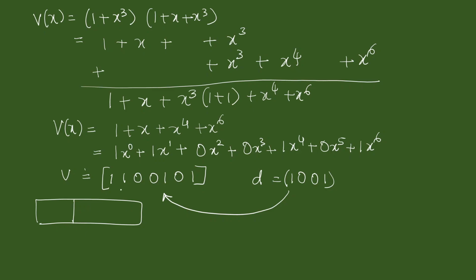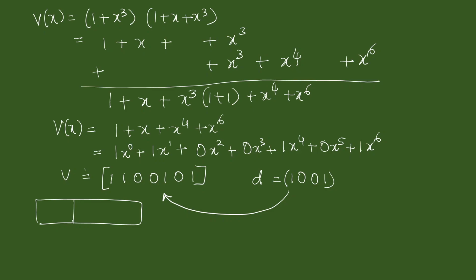But if you look at this code word vector, you cannot identify where the data is. It might look as if it is from the second bit to the fifth bit, but it is not like that. We cannot classify that. If you take a different data sequence, you might end up getting a wrong one. So this is the non-systematic method of finding the code word.